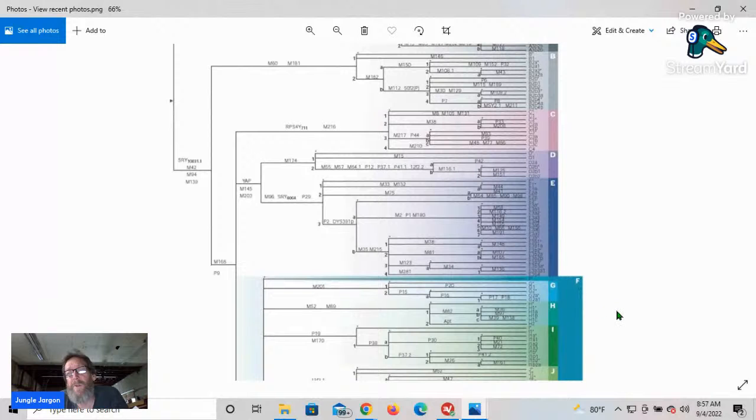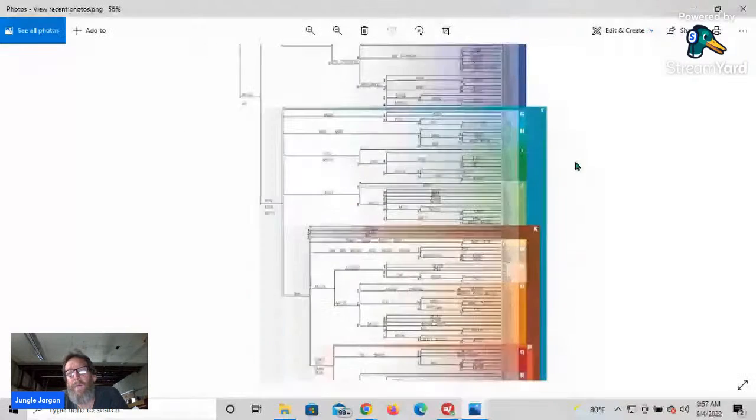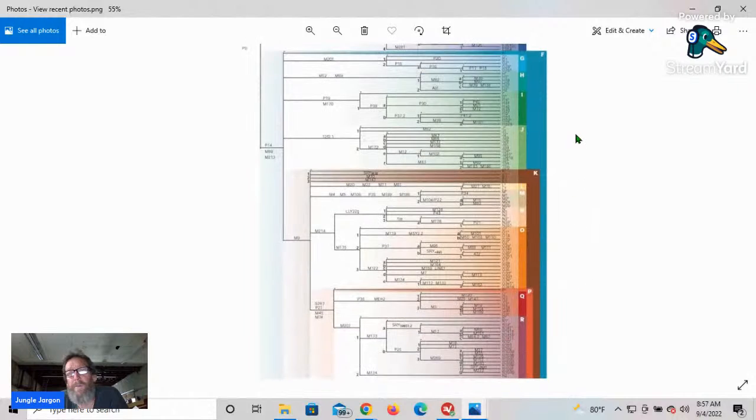F, which includes the entire rest of the phylogeny. This is blue. F is all the way to T. So it's F, G, H, I, J, K, L, M, N, O, P, Q, R, S, and T.